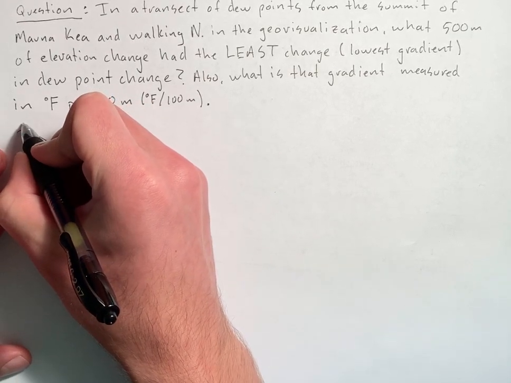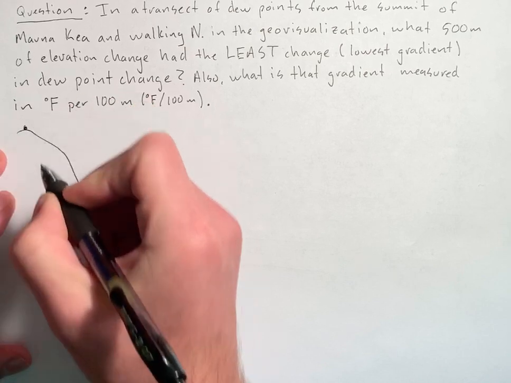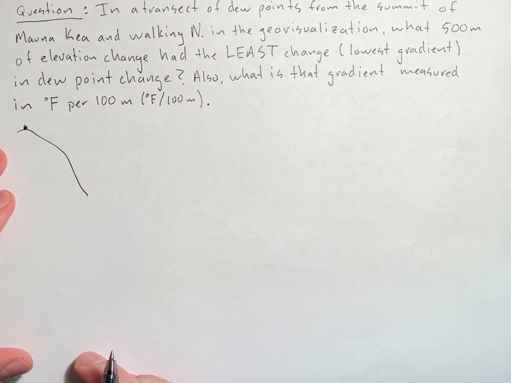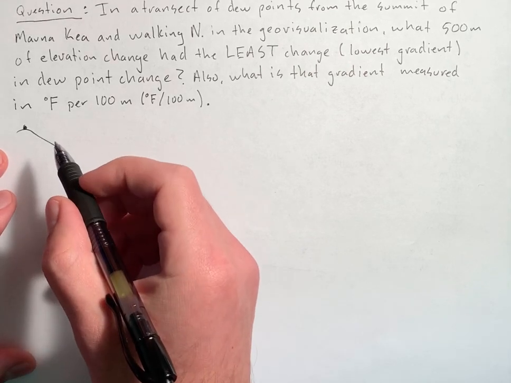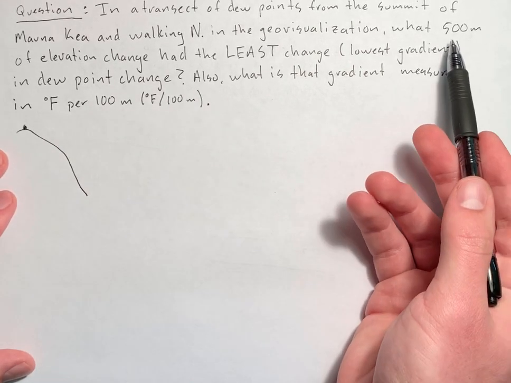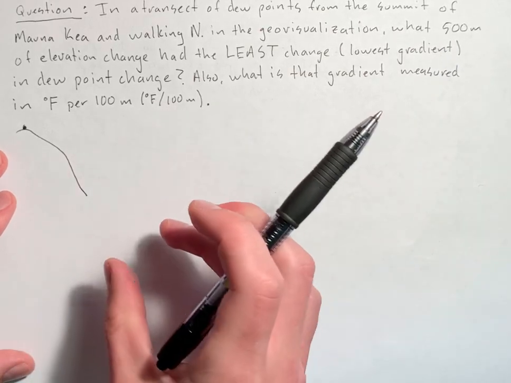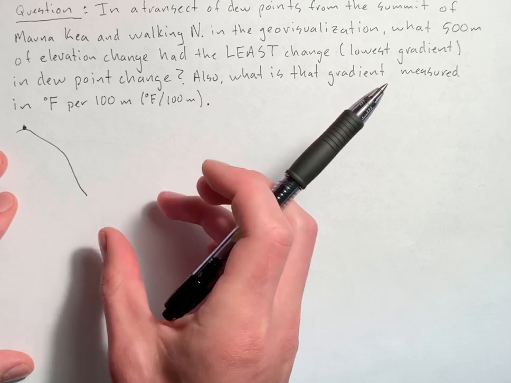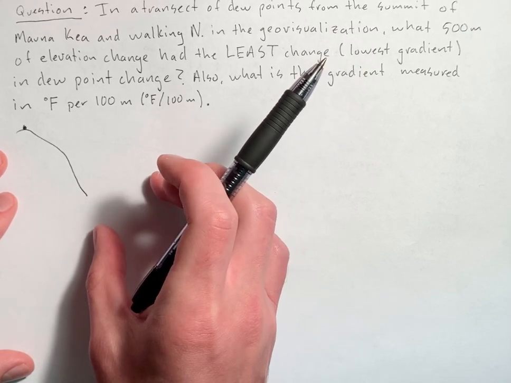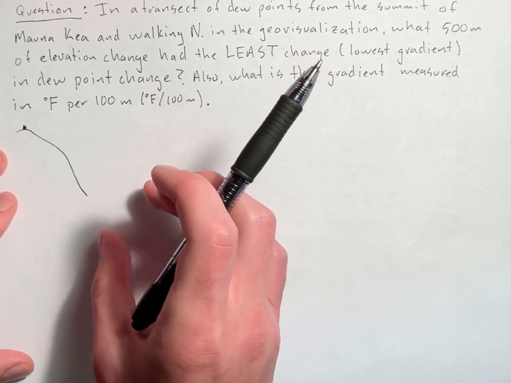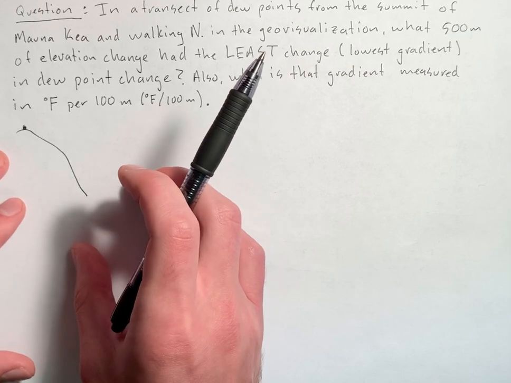So you're going to drop off your avatar up here and record the elevation and the dew point. And when it says every 500 meters, that just means every even numbered 500 meters, like 0, 500 meters, 1,000, 1,500, 2,000, 2,500, 3,000, 3,500, and 4,000.